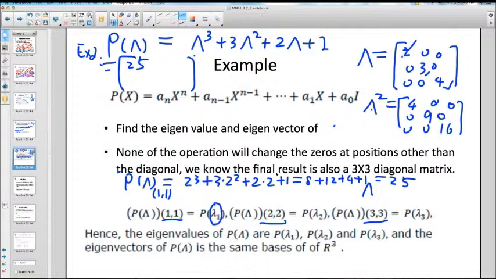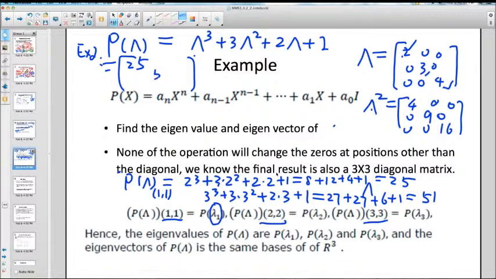And the second element, 2, 2, you're going to get 3 cubed plus 3 times 3 squared plus 2 times 3 plus 1, 27 plus 27, 6, plus 1, 51. So the second element is 51.